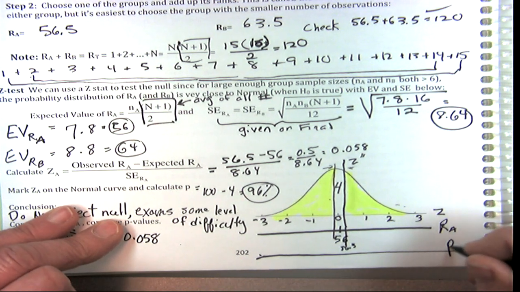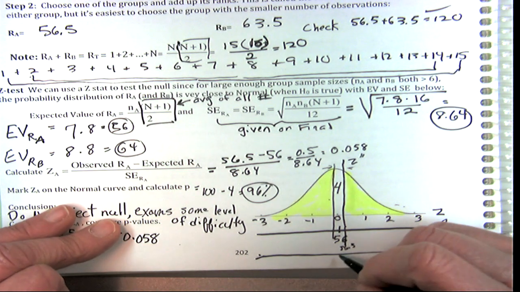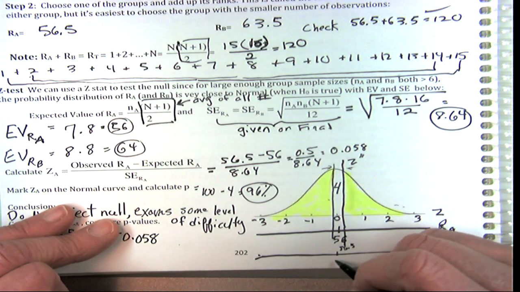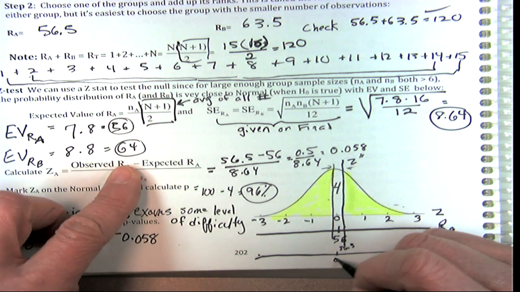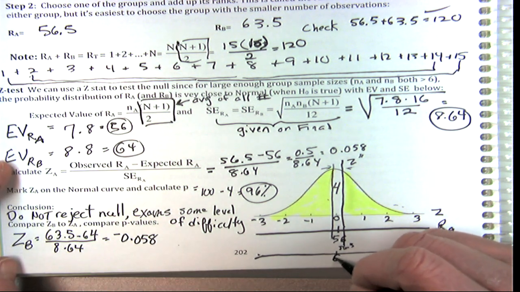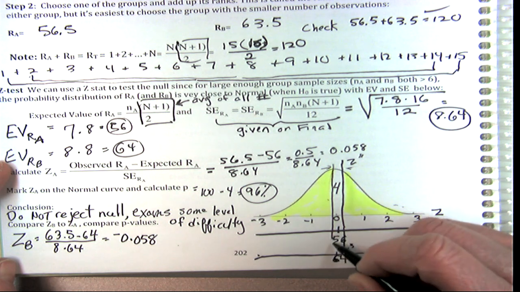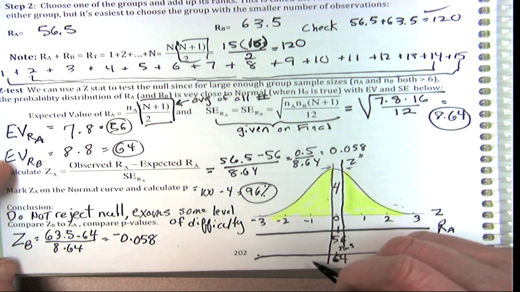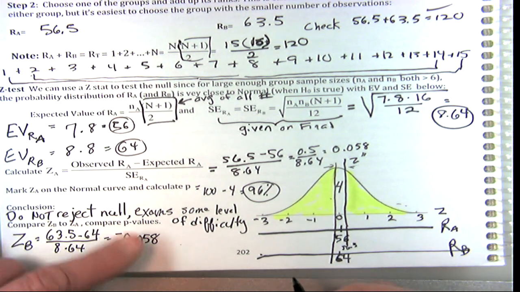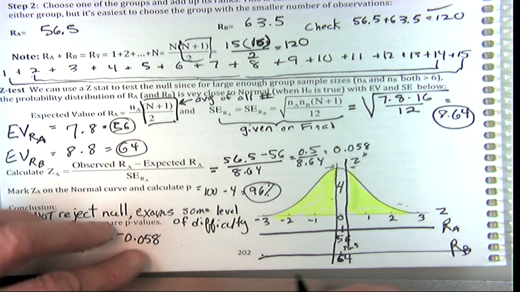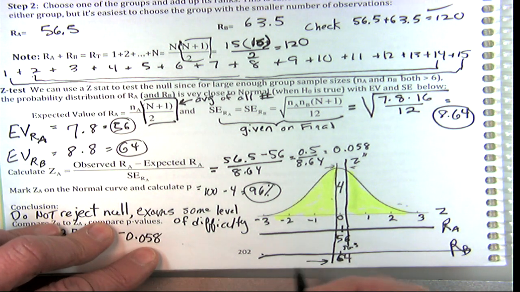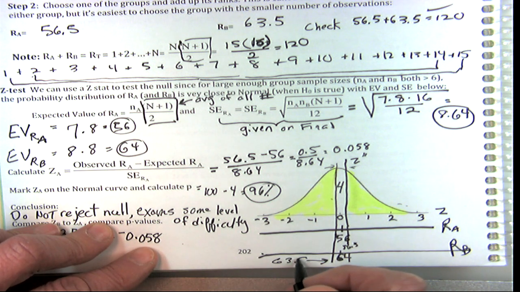This would look like what? This would be RB, and we wouldn't have 56 in the middle here. We'd have 64. But then this right here would match up with our observed, 63.5.